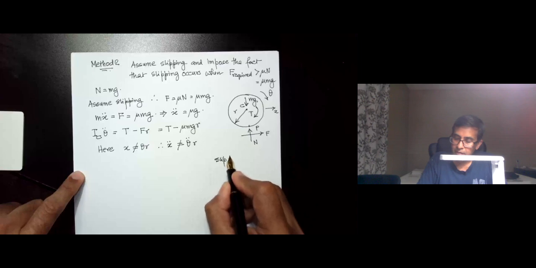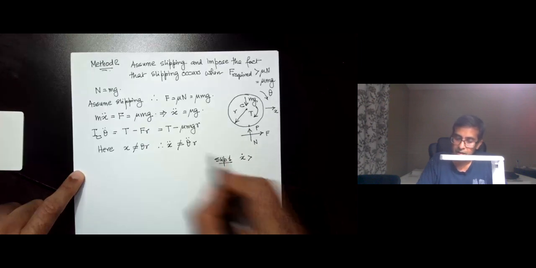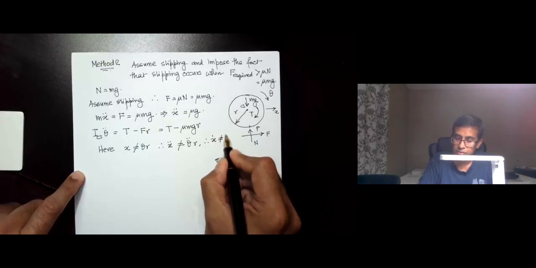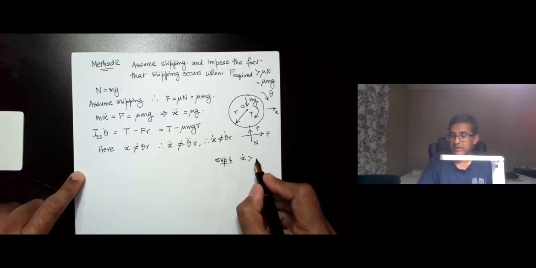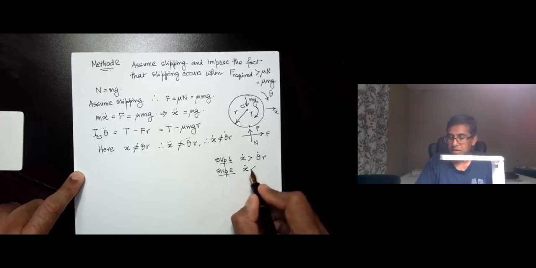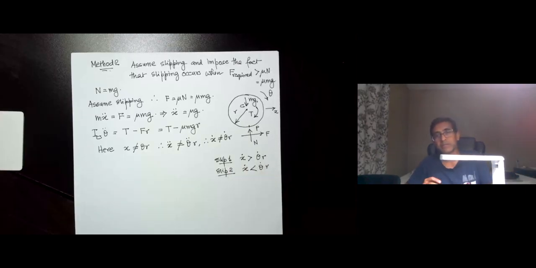Therefore x dot is also not equal to theta dot r. Slipping 1 can be when x dot is greater than theta dot r, and slipping 2 can happen when x dot is less than theta dot r. In both of these cases slipping can happen, because no slip is when x dot is equal to theta dot r.